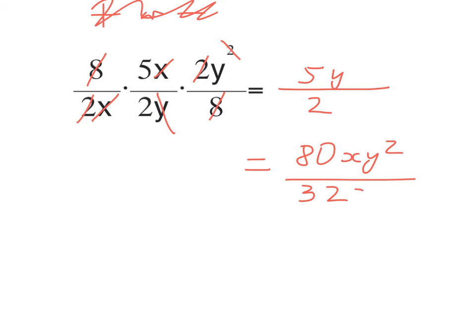And I've got an xy. But I would have been stuck with having to cancel then anyway, and so that would have still knocked that out. That would have still knocked that out. And 80 over 32 simplifies to 5 over 2, because it's lots of 16. So better to use the top method. Okay.